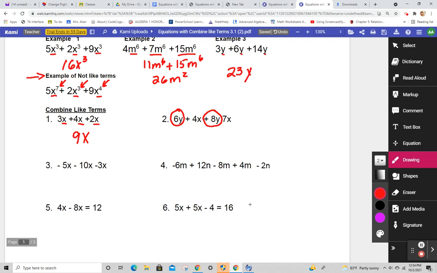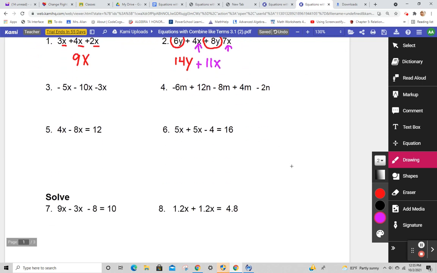We can combine them together to get 14y. We also have these like terms, 4x and 7x. They have the same variable to the same power. We can combine those. 4x plus 7x will give us plus 11x. And that's it. We've combined the like terms in this expression.